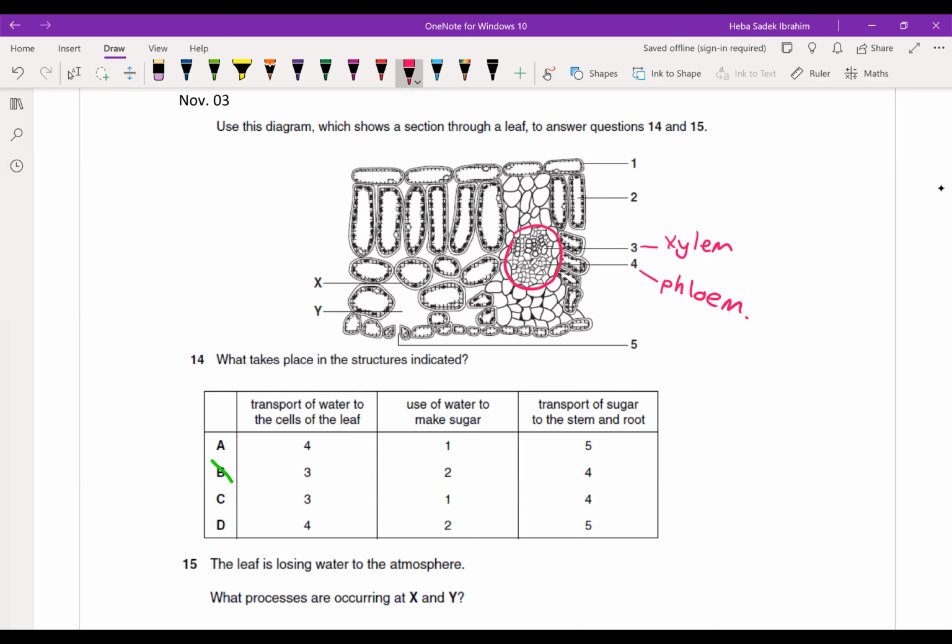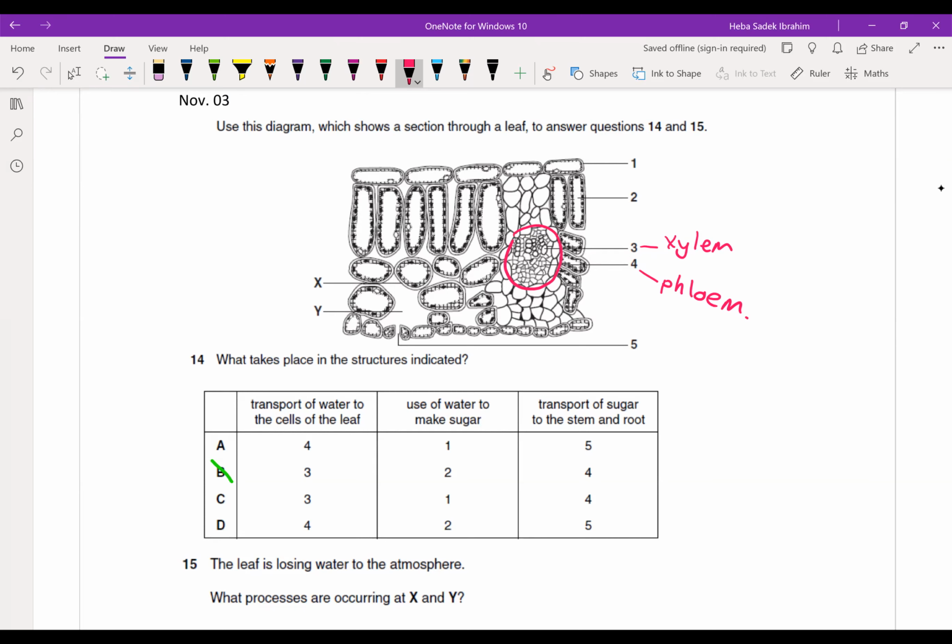How do I know? Because we've already taken that the upper half of the vascular bundle in the leaf is the xylem. So 3 is the xylem, which means 3 is transporting water.